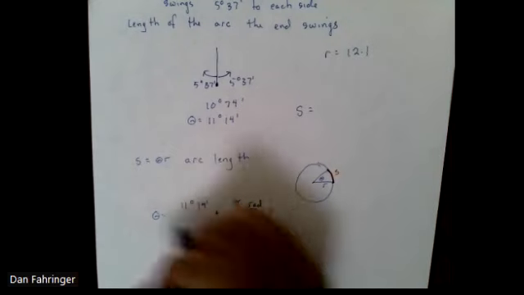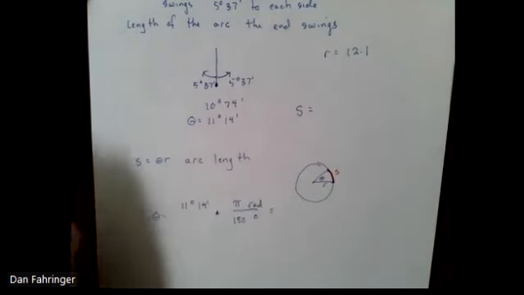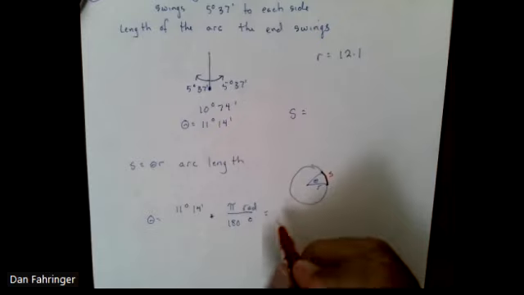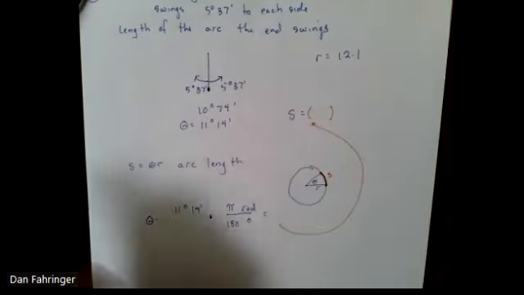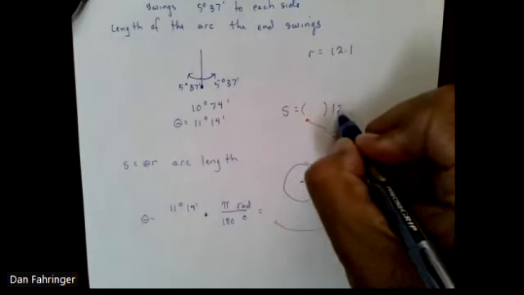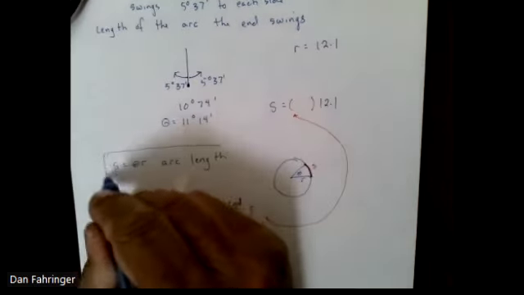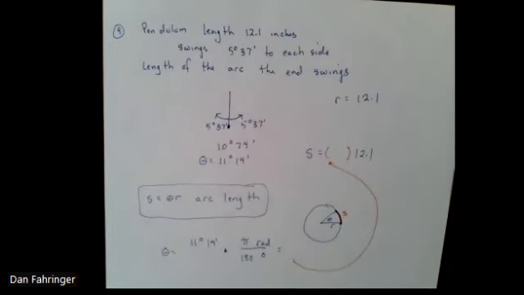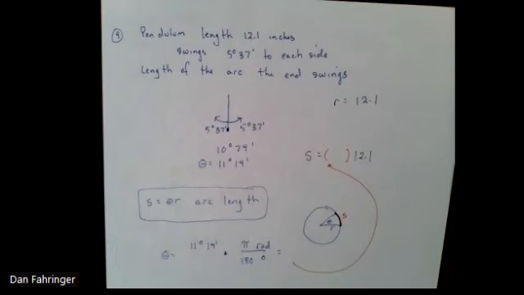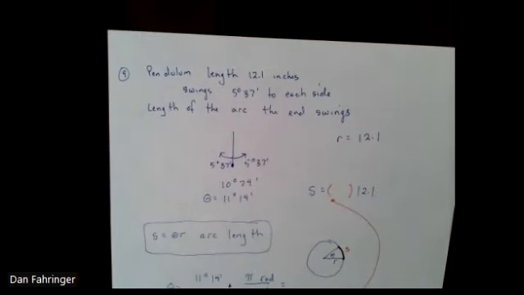So theta is going to equal something new. Once I calculate that, I'm going to take it and put it up here for theta, and then multiply it by 12.1, because I'm using this formula. I hope that helps. Again, this is number 9 from the chapter 2 test. And the other one I did was number 7 from assignment number 4.